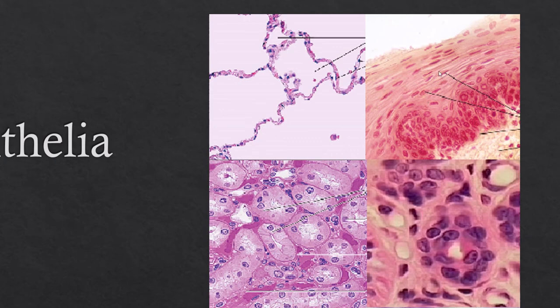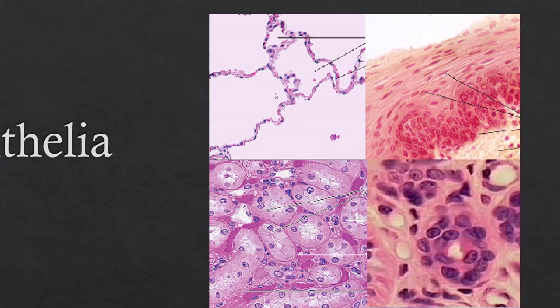Alright, so this is simple squamous. This is stratified squamous. Single layer, flat cells, multiple layers, flat cells. The simple squamous tissue makes very slick, smooth surfaces, so we tend to find it lining, say, our blood vessels, so we have a nice smooth flow for our blood.